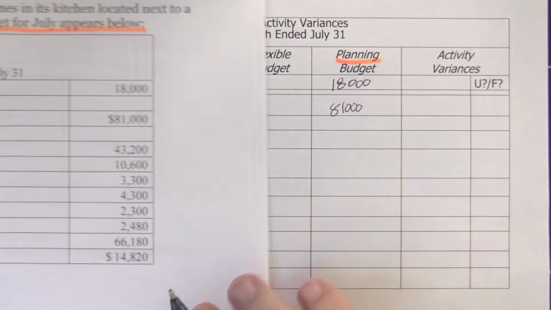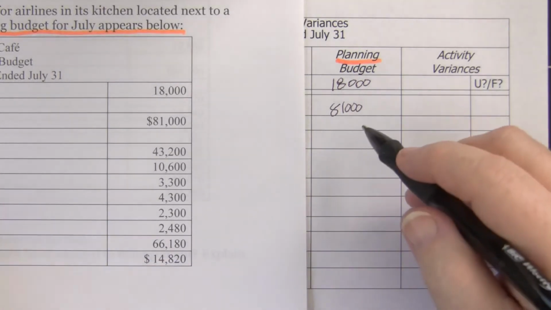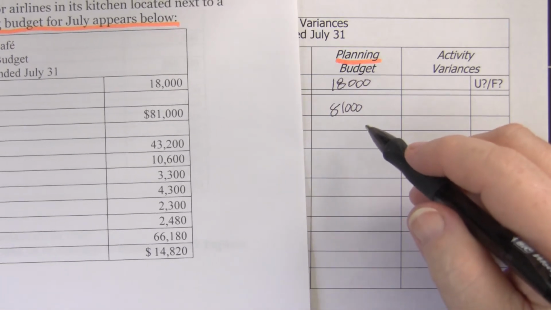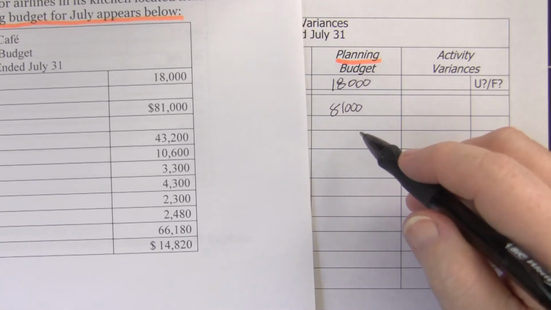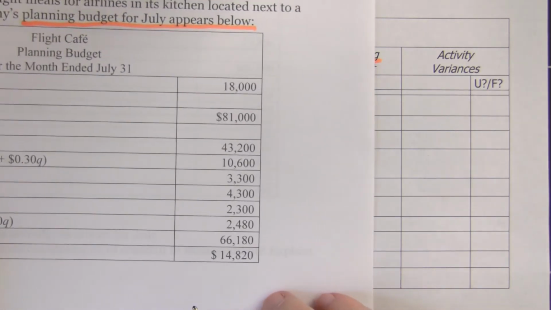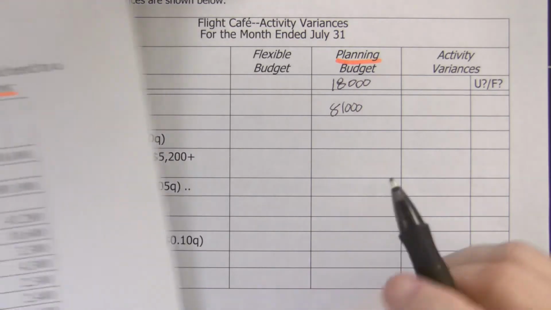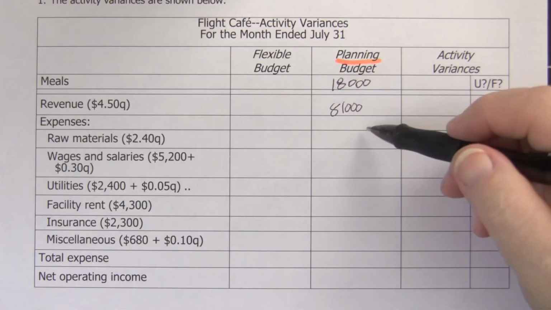Our raw materials were $2.40 per meal. That'd be pretty good airport food. So we're just going to go right down this column and fill it in.